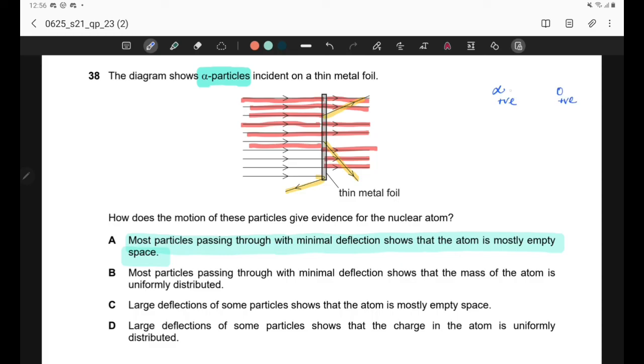But when an alpha particle reaches and strikes the nucleus, as positive and positive repel, they are supposed to deviate. But this deviation is very small in this process. That means the nucleus resides in a very small space, or we can conclude that most of the space in an atom is vacuum or empty space. So the correct answer is option A.